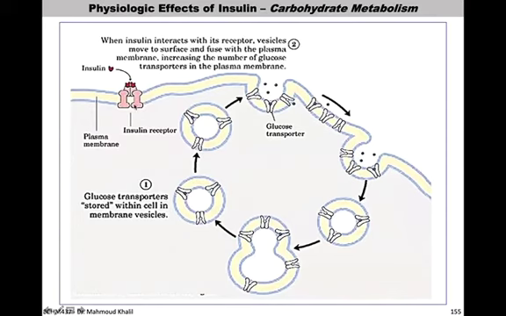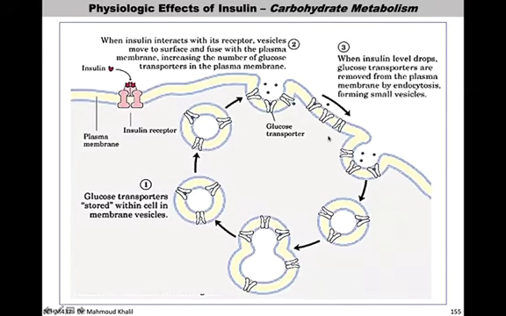Once insulin is bound and interacts with the receptor, these vesicles move to the surface and fuse with the plasma membrane. This increases the number of GLUT4 transporters in the plasma membrane. You can see these small dots are the glucose molecules, and it starts to take up this glucose and open inside to release it.